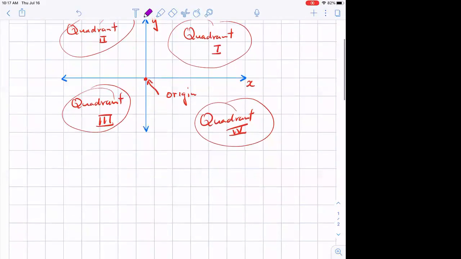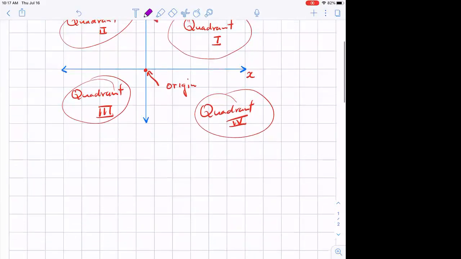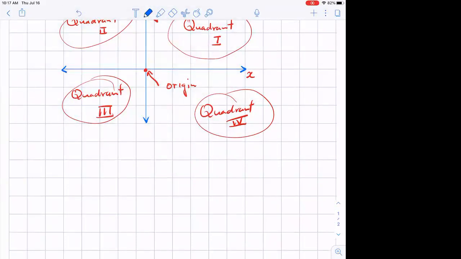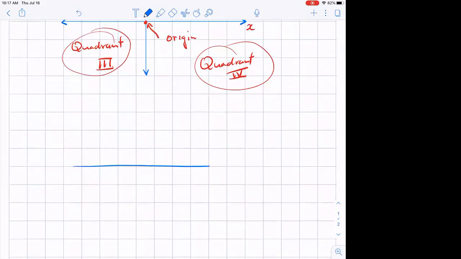Okay. Now, why do we need this? So you will see, and you have seen this already many times, this side is all positive, 1, 2, 3, 4, dot, dot.